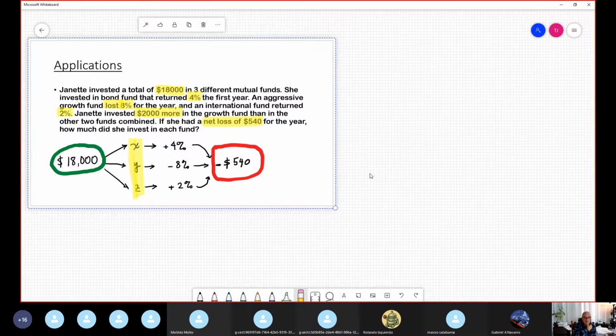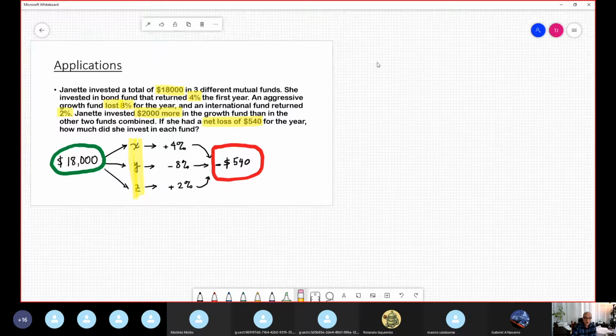So basically, I need to discover how she split the money in 3 accounts, in 3 investments, X, Y, and Z. Okay, do you understand the idea? This schematic is good. Now, ready to set up, this is always the challenge, you know?